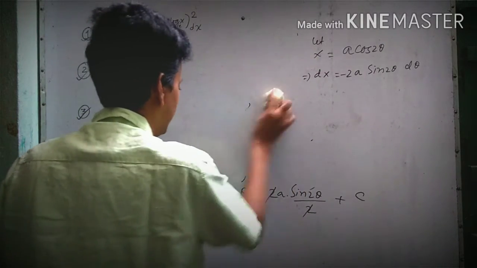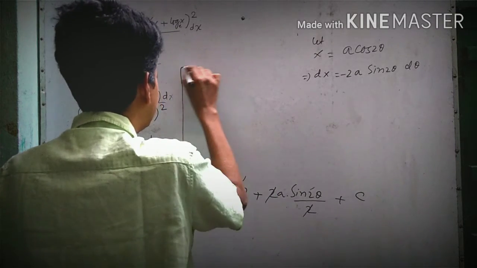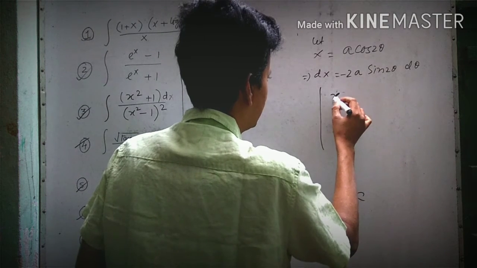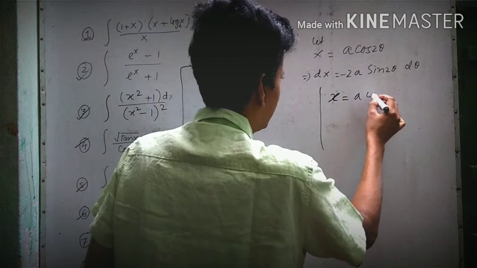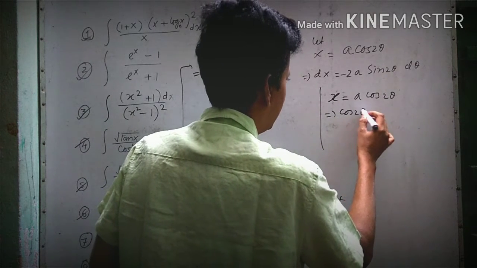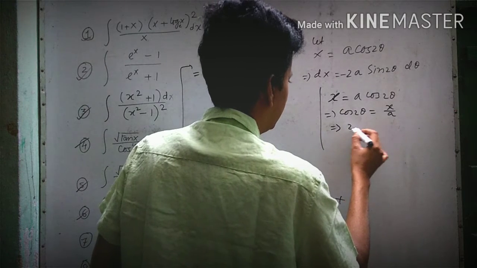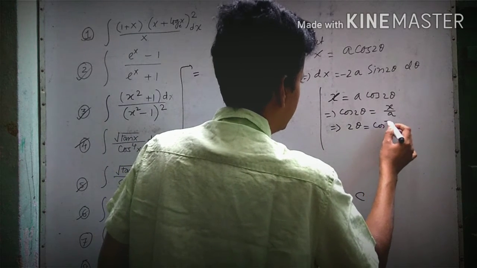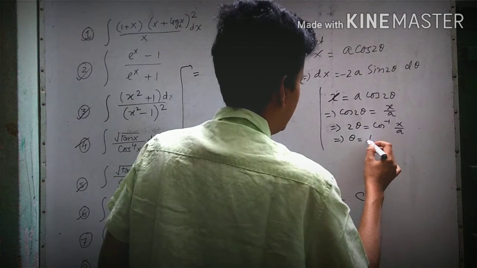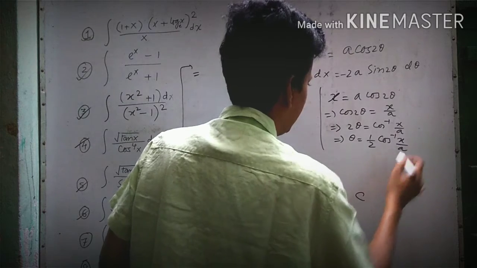Now we have to put the value of theta and sine 2 theta. Here we get x equal to a cos 2 theta, that is cos 2 theta equal to x by a, that is 2 theta equal to cos inverse x by a, that is theta equal to half of cos inverse x by a.